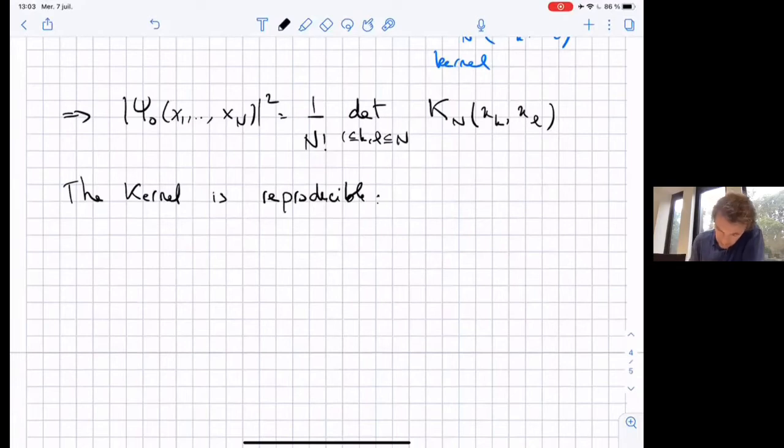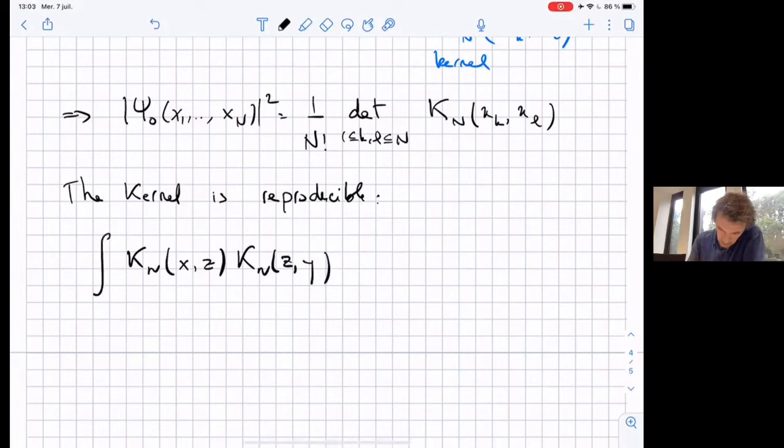So let's look at this product. Let me look at K_n(x,z) and make the product K_n(z,y), and now perform the integral over z. It's the equivalent of the product of two matrices, but extended to operators here. So let's see what it gives.